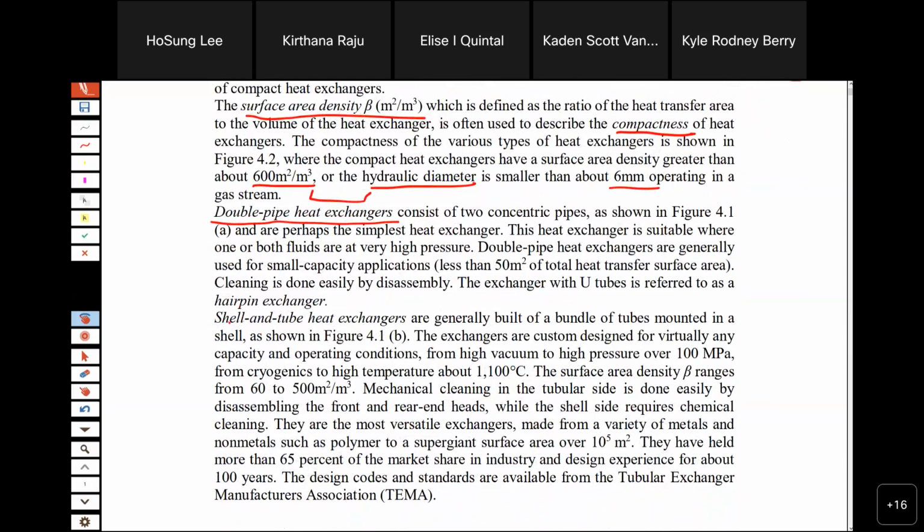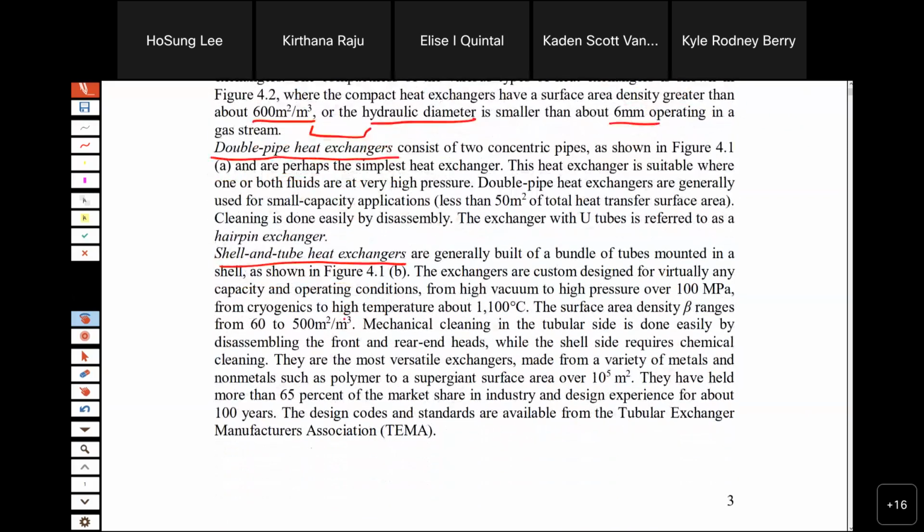Another type is shell and tube. More than 80% of heat exchangers are shell and tube: very durable, strong, and easy to clean. It's not really compact, but typical. So basically, we discuss everything, not only compact. Double pipe, shell and tube.